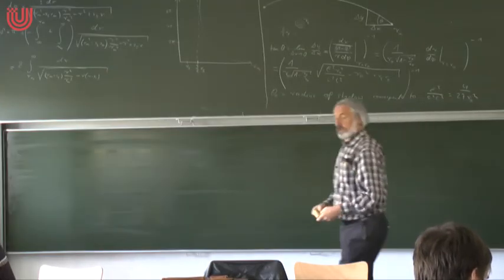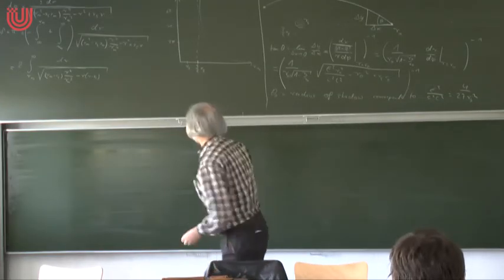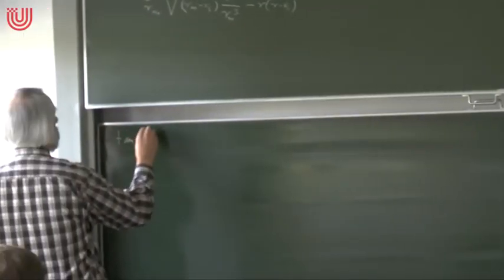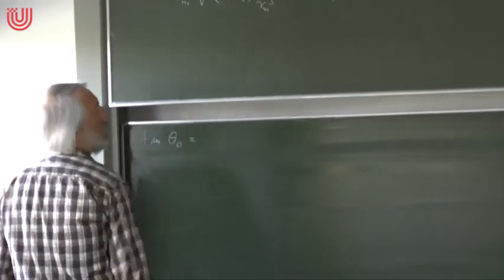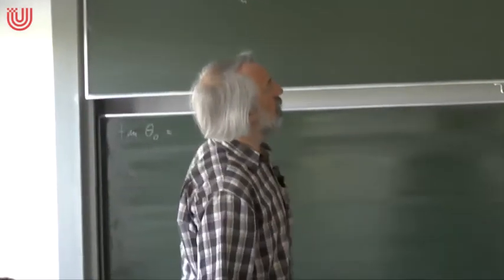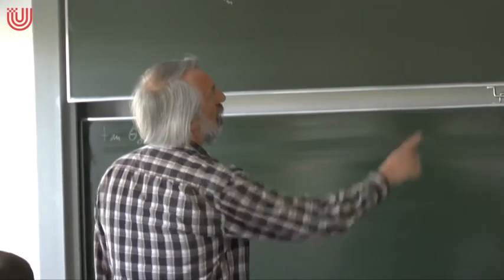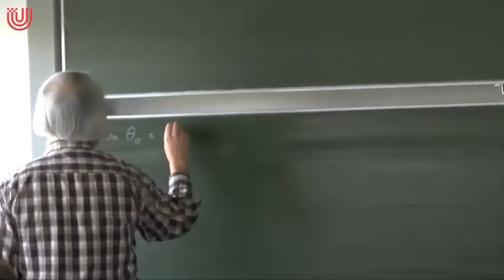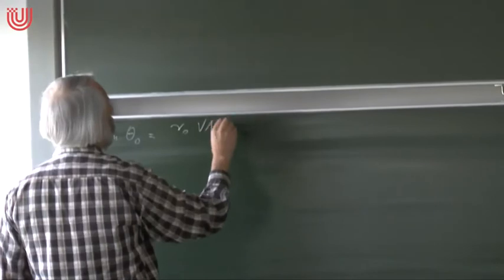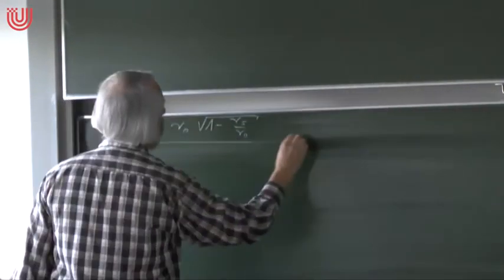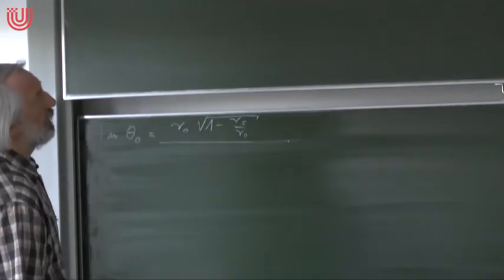So we can now calculate the tangent of theta naught just by inserting this expression for E squared over c squared L squared. So this is R naught root 1 minus Rs over R naught. I hope this becomes readable in a minute.